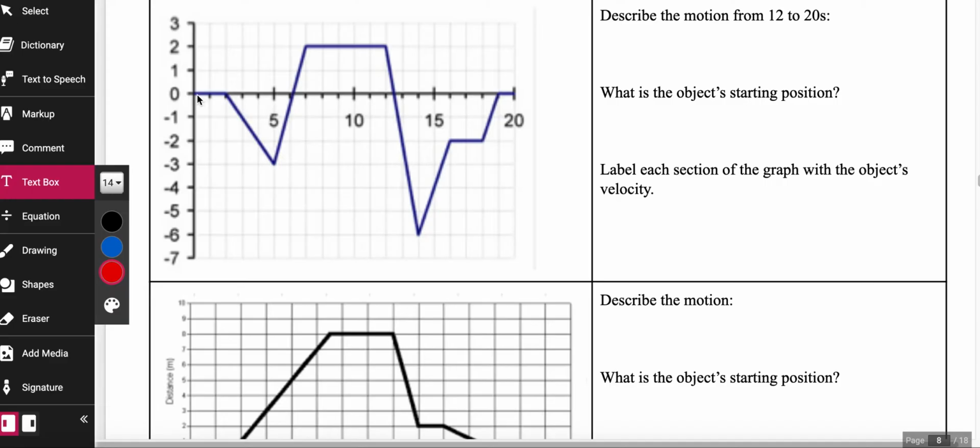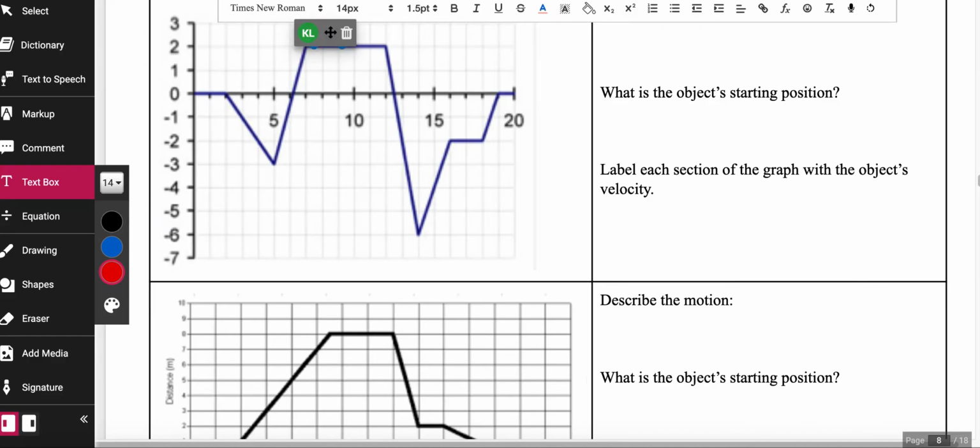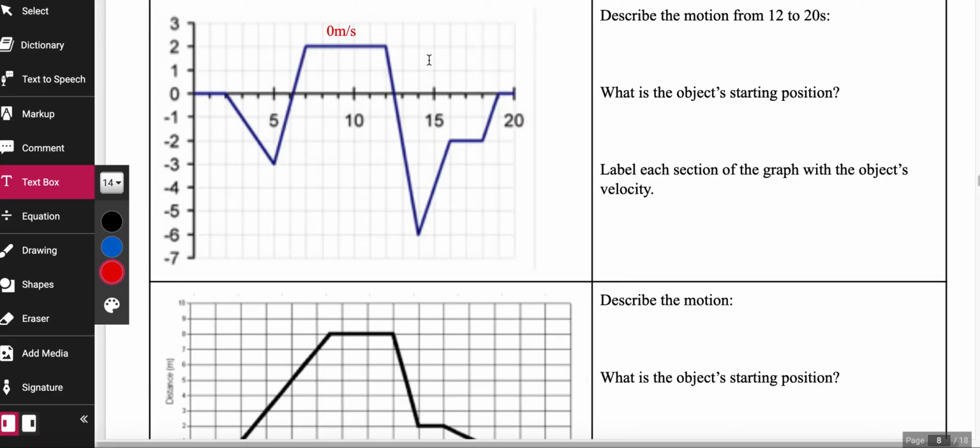I'm going to go ahead and skip over all of the flat lines, because we know that all the flat lines are just 0 meters per second. Okay, so I'm going to start over here with this segment from 2 to 5 seconds. For 2 to 5 seconds, I have a rise of -3.